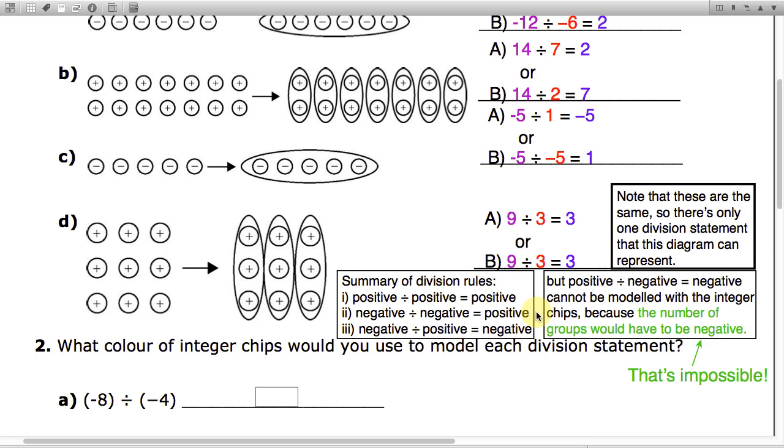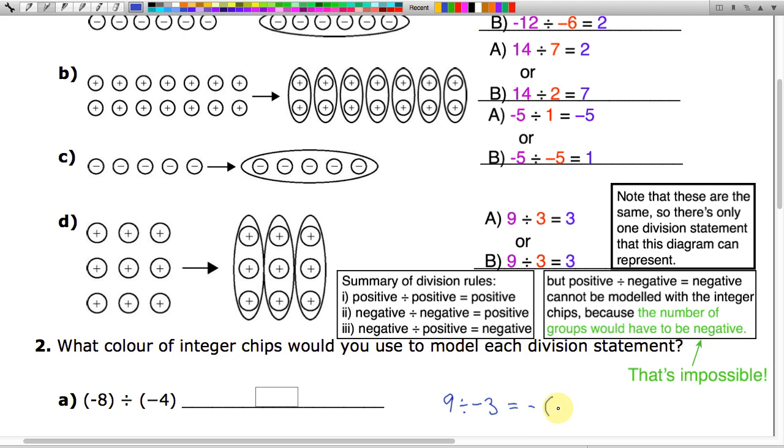You might be thinking, well, how can we get around that then? How can we do something like 9 divided by -3? Well, you can think about this as being the opposite of -9 divided by -3.